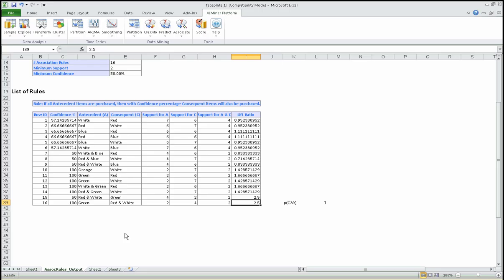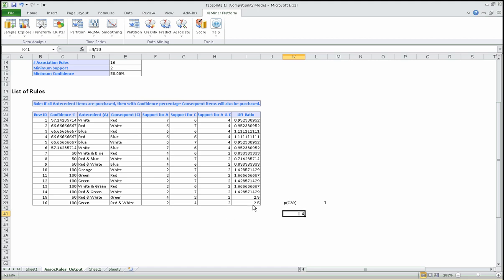So how do you calculate the probability of somebody buying red and white? We know that there are 4 customers who have bought red and white. So the probability of somebody buying red and white is nothing but 4 divided by 10, which is 0.4, 40%. The question now is, what happens if they buy green? What happens to the probability of red and white?